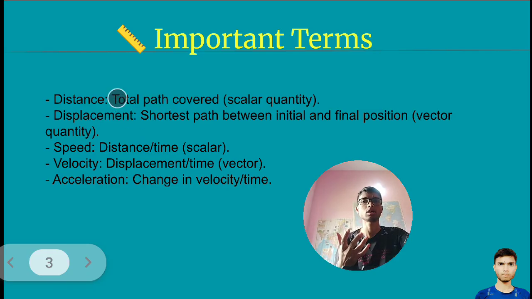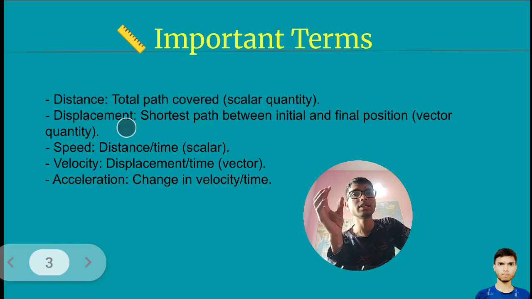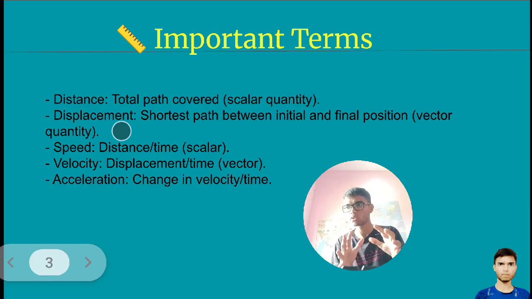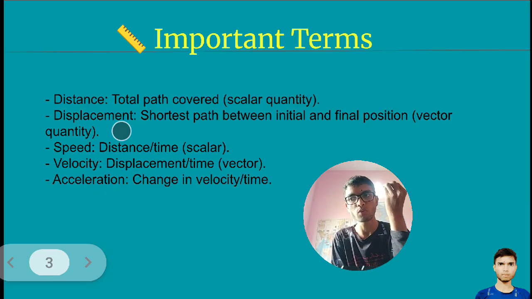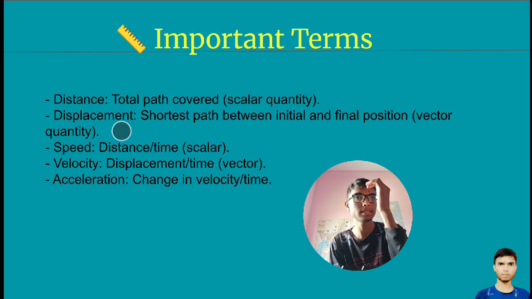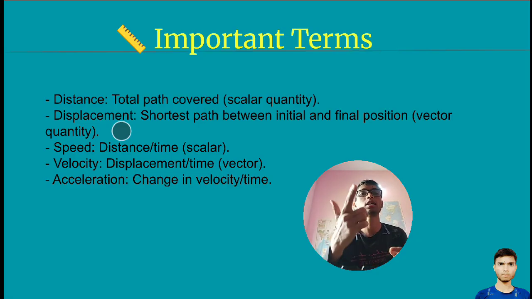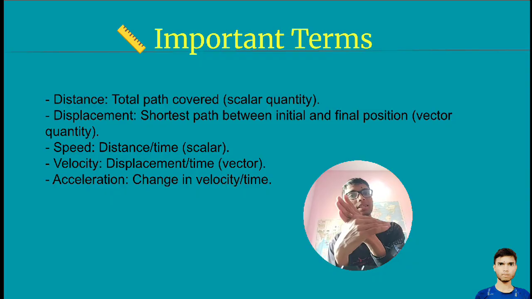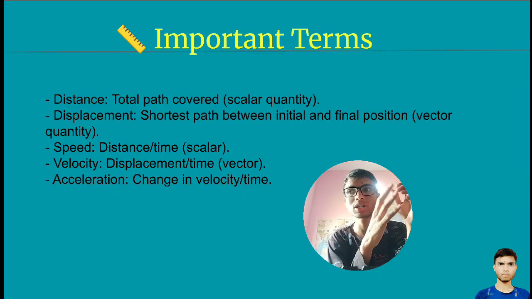And displacement. The definition of displacement will be the shortest distance. It will not say that you are going this way and that way. No, you have to go from one place to another place in a straight direction, not a zigzag.